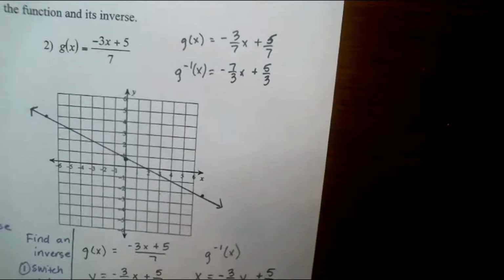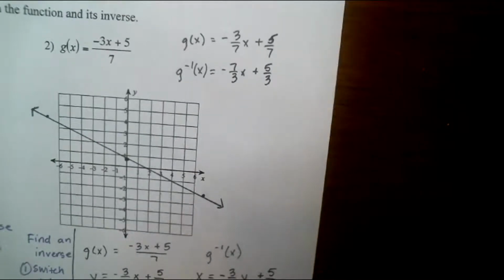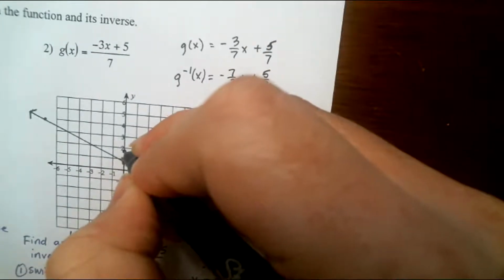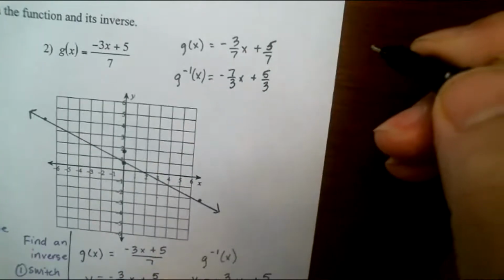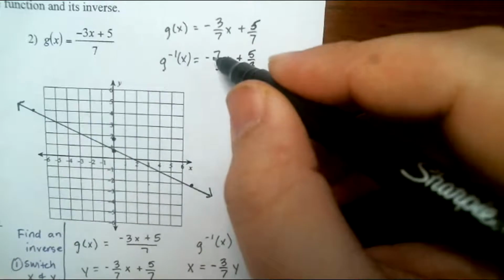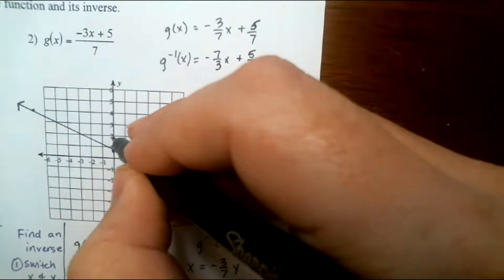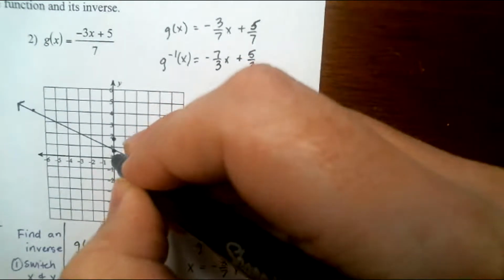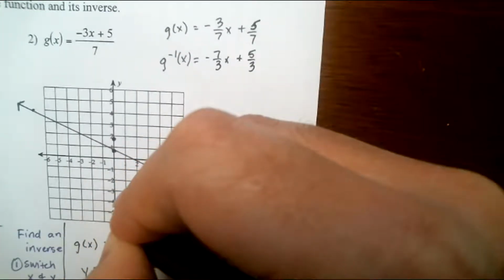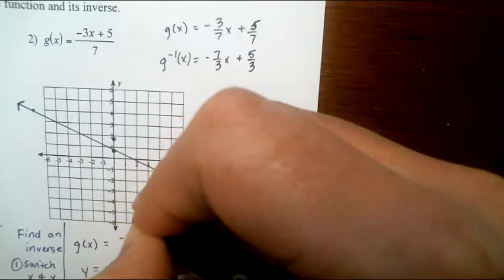And then I go to my other one. Now 5/3 is almost 2. It's like 1 2/3 actually. So I'm going to put a point at 1 2/3, which is just past this, like right here. And then I'm going to go down 7 and right 3. Down 7, 1, 2, 3, 4, 5, 6, 7, and right 3, 1, 2, 3.